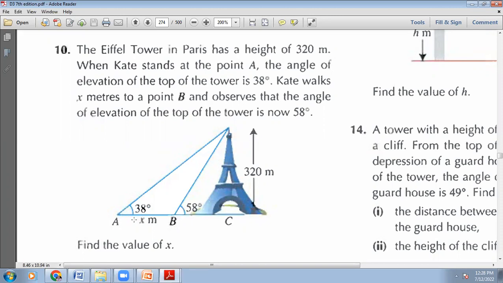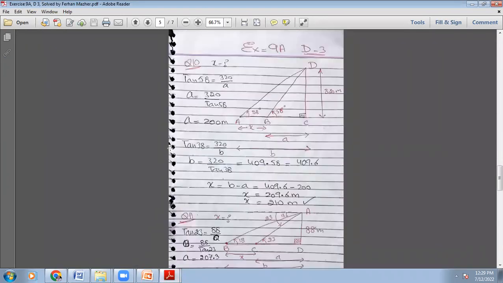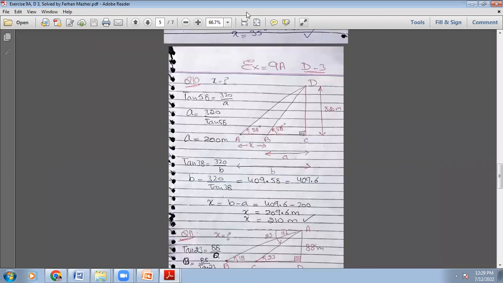We have to find how much distance she has moved towards the Eiffel Tower, that is, we have to find this X, the AB. Okay, let me show you question number 10.